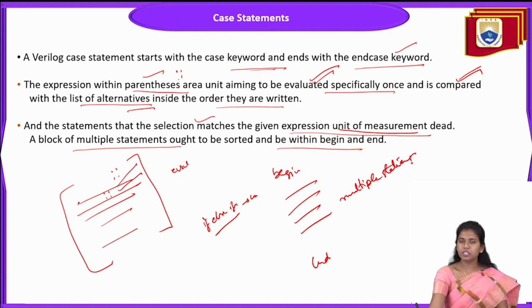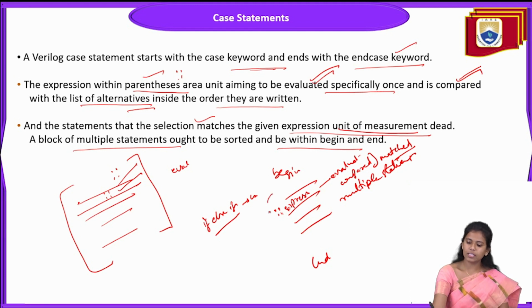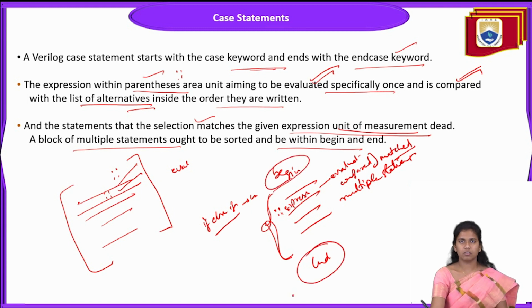Each statement will have an expression in parentheses; they are evaluated and compared, and after comparing, the matched statement will be executed, or else it will match with the other statements and then it goes on. All of this must happen in between the begin and end, and all this will be sorted out only there.